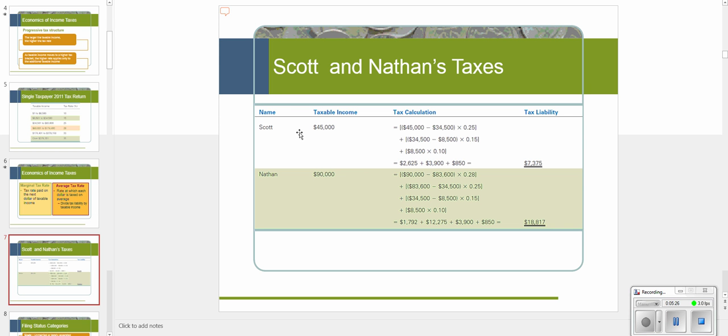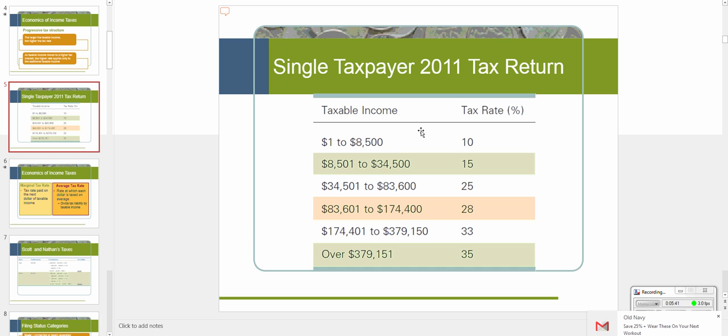But if we look at Scott and Nathan's taxes, and we're figuring his federal income tax only, he made $45,000. So the way that you would figure it is, they started from the top number. Remember the tax scale we were looking at, and 45,000 fell in what bracket? This bracket.